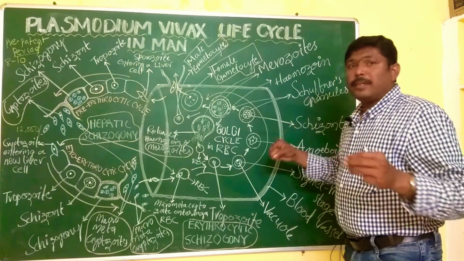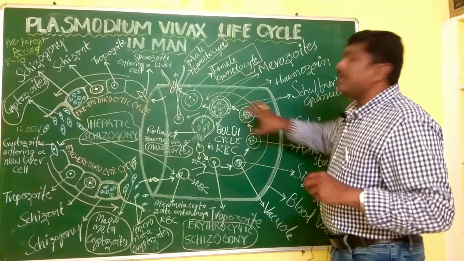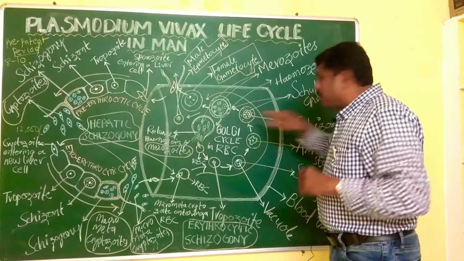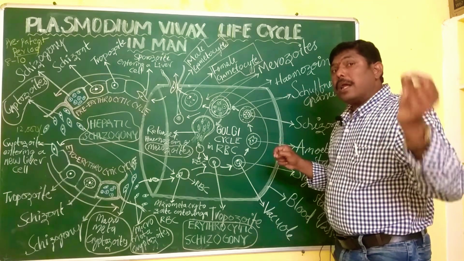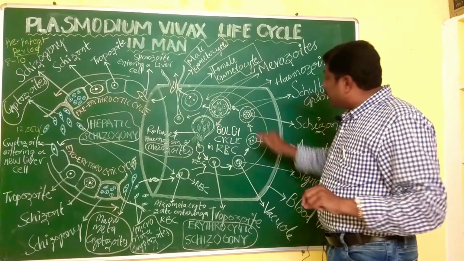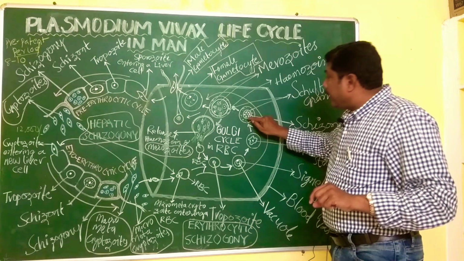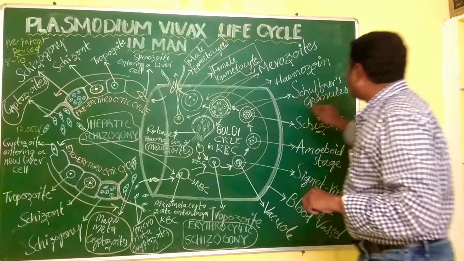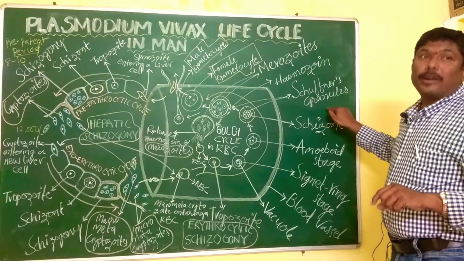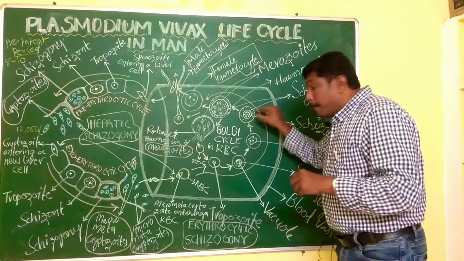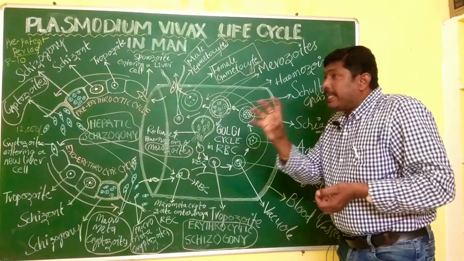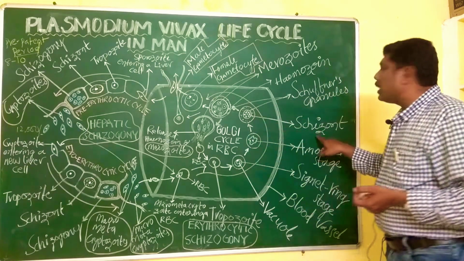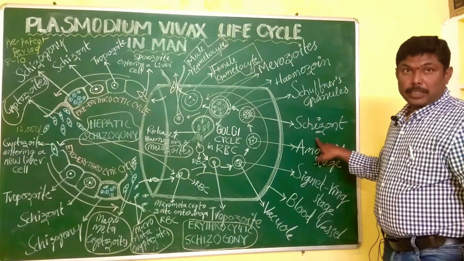Okay, and the plasmodium loses its pseudopodia and still increases in size. At this stage only, small granules appear in the RBC, and those small granules in the RBC are called as Schuffner's dots. And the plasmodium also increases in size. Okay, and that stage is called as schizont.